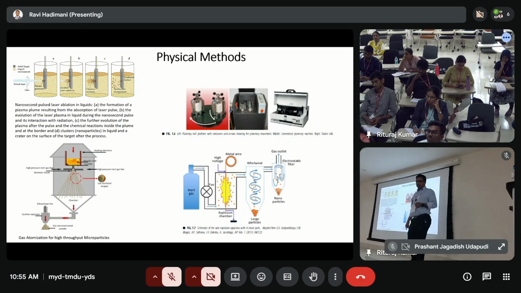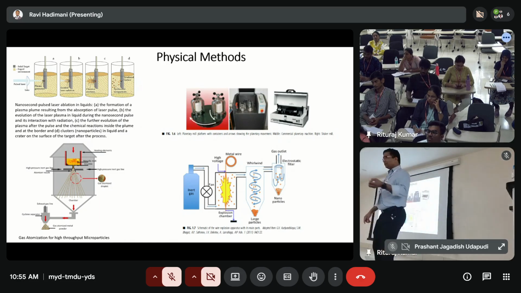But nanoparticle work is dominated by chemists or chemical engineers. And if you submit a paper to a chemical journal with nanoparticles made by ball milling, they will reject it, even though you can get really good nanoparticles.